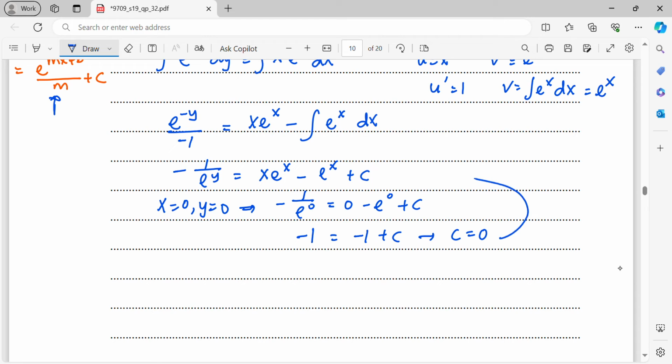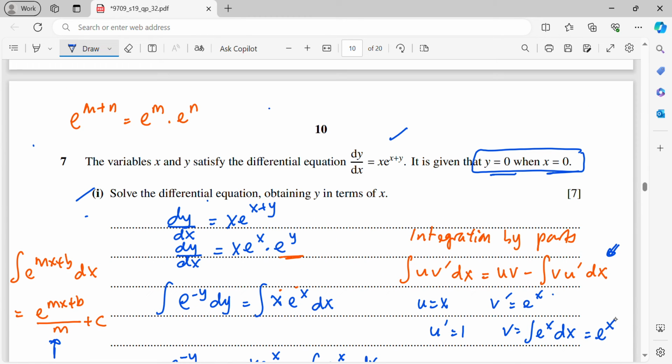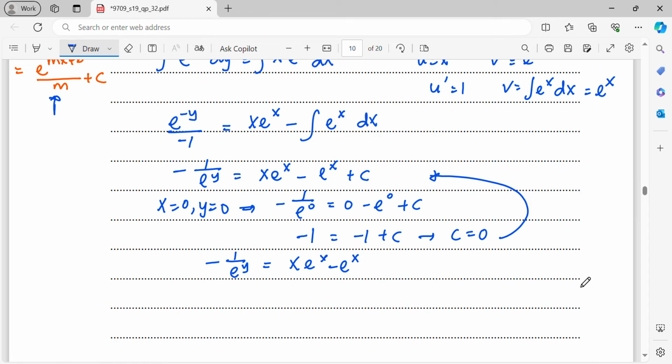So now I will substitute this c into my previous solution. Then you will be getting negative 1 over e^y equals x e^x minus e^x. Okay, now look at the question. You need to get y in terms of x. So which means now I need to get my e^y. The easiest way is just move up.